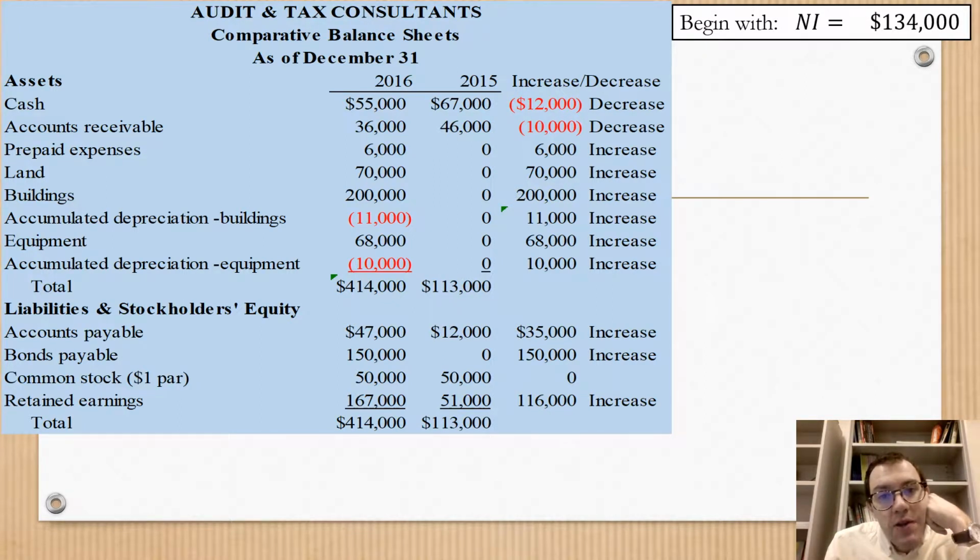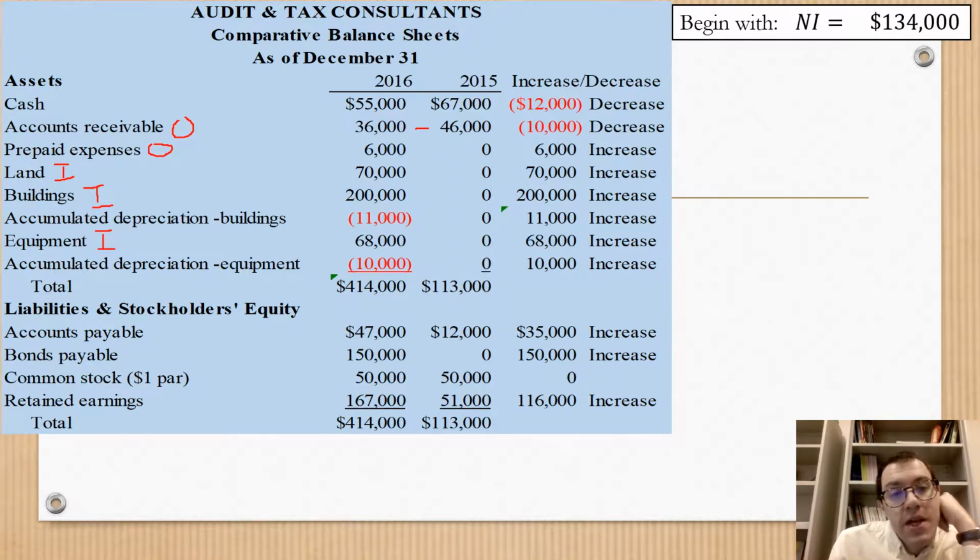Well, accounts receivable, that is operating. Prepaid expenses, that is not financing, that's not an investment, that is operating. Land, buildings, and equipment, look, those are investments. When you buy a piece of land or equipment, you're making an investment. You're hoping to produce more with that.